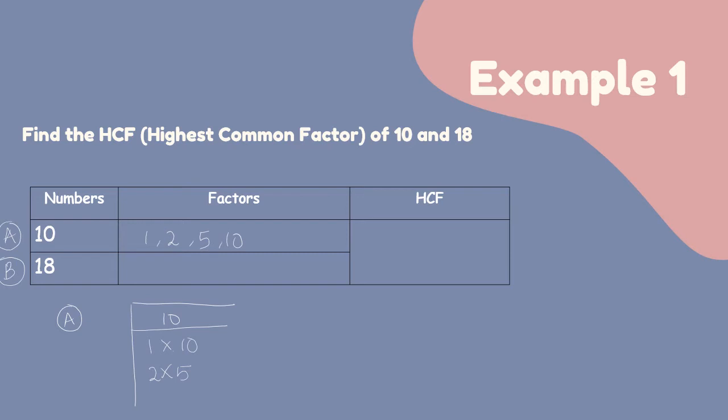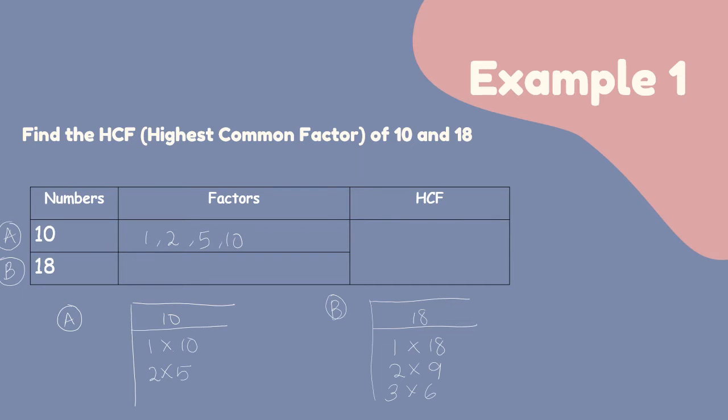So we're done with step 1, which is listing out the factors of number A. Step 2, listing out the factors of number B. So number B is number 18. We're going to find the factor. Let's just write a big F there and start with number 1. 1 times 18 gives you 18. Next, we can start with number 2. 2 times what gives 18? 9. Next, 3. 3 times what gives you 18? 6.